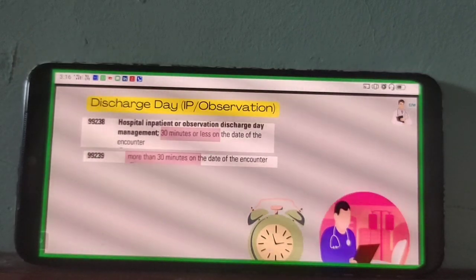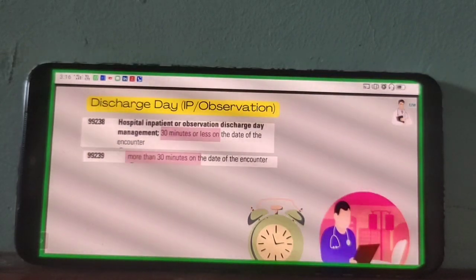Which one is the lesser time here? 99238. That's it. This is very, very important.